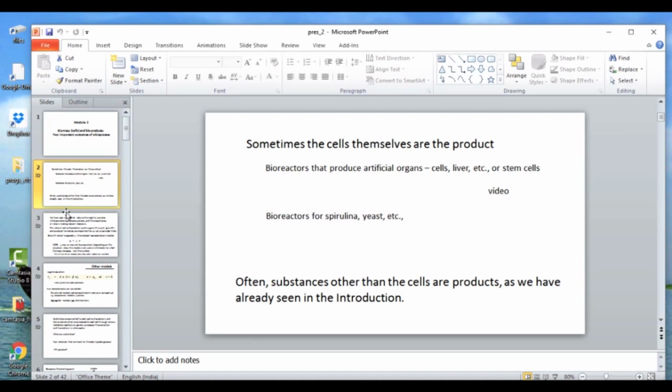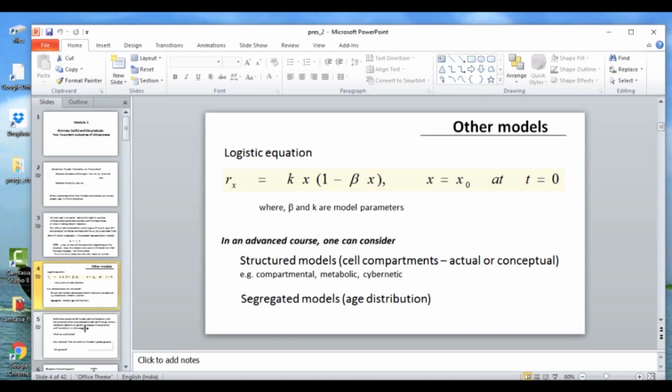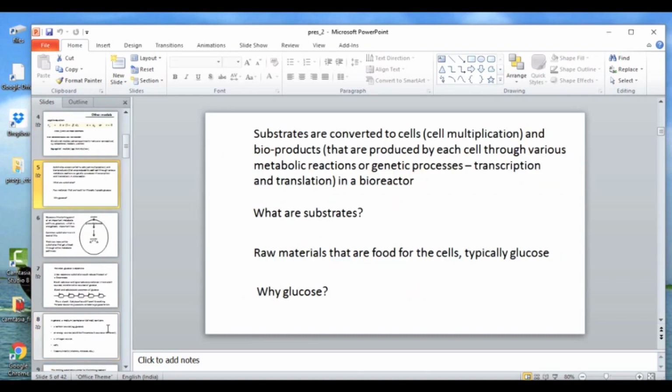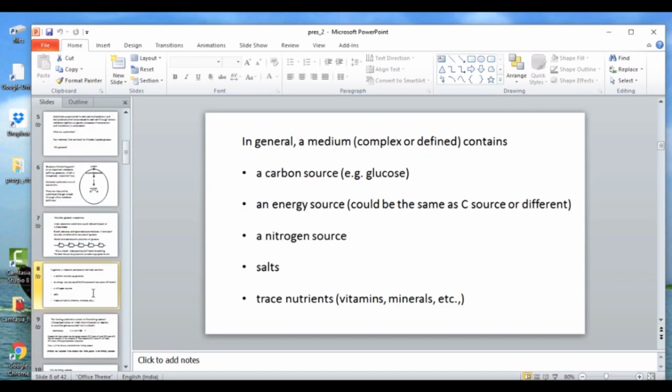We looked at the details of these products and then the models for the rate of cell formation, simple models as well as some detailed models, and then what substrates are and how they are converted and how the substrate affects the growth rate. We had seen some models for that.